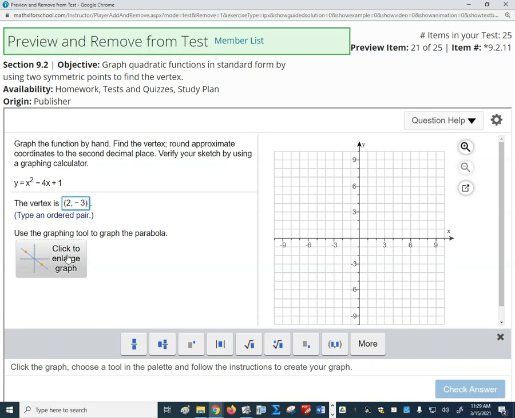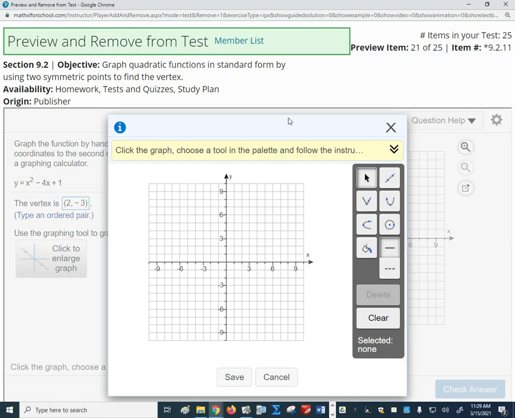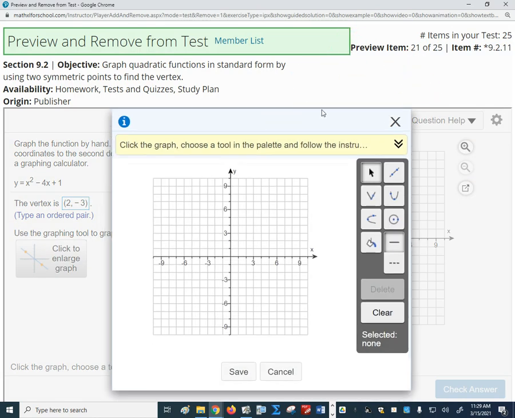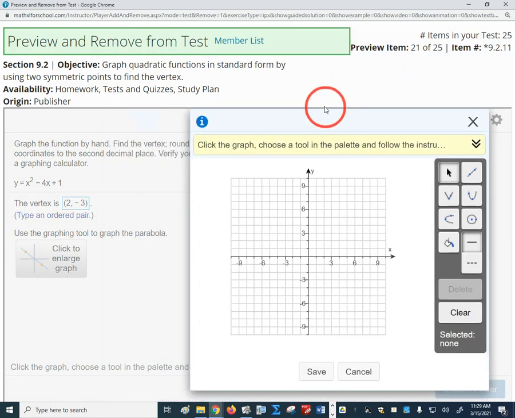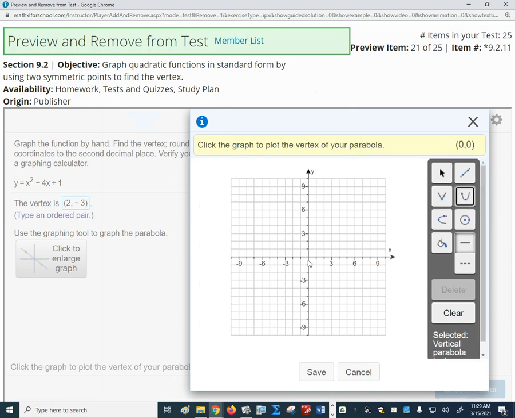Okay, and then we need to graph this thing, right? So they just want the parabola this time. So vertex at 2, -3, and fill in the blank for me in chat, please. Over 1 what?